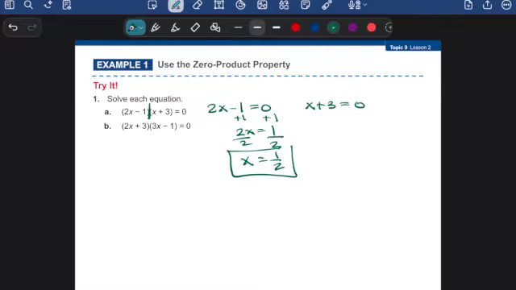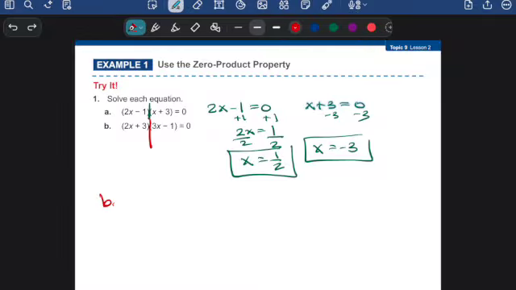There's one solution. The next one's easy. X will equal negative 3. So my two solutions for the first equation are 1/2 and negative 3. So remember, that means those are the x-intercepts. That is where the graph of the function would cross through the x-axis.